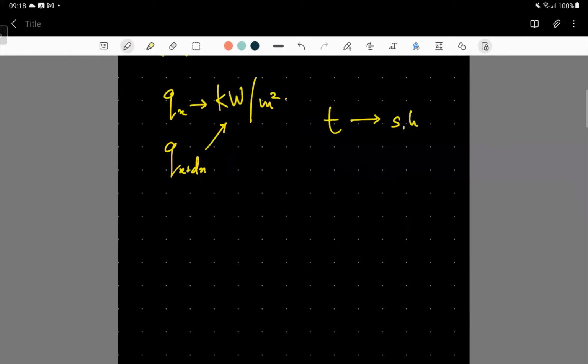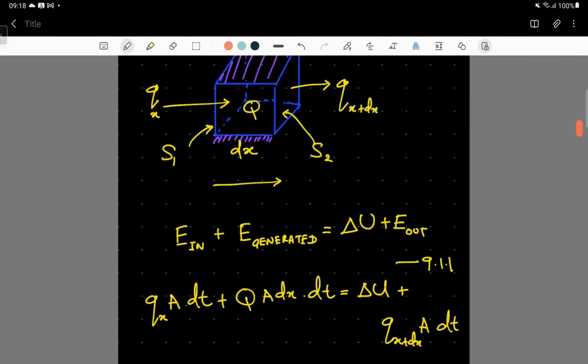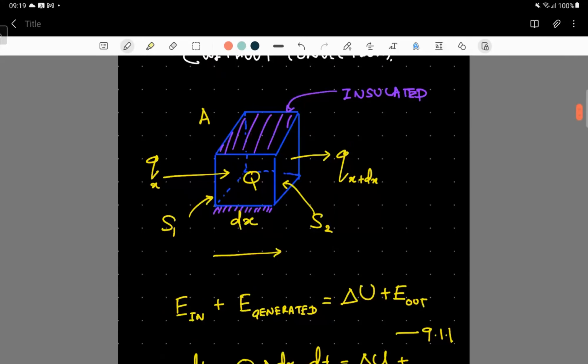But if it is a heat sink, where the heat is drawn out of the volume, then the overall Q value should be negative. The cross-sectional area in this problem, A, is perpendicular to the direction of the heat flow.